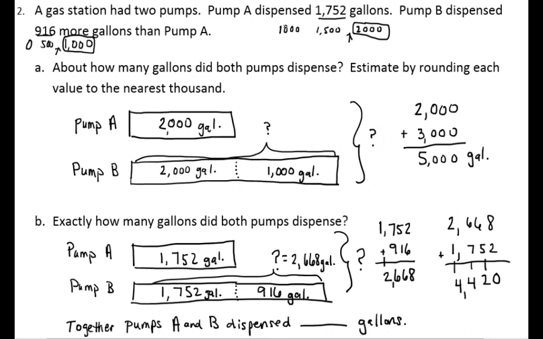That means that altogether, pumps A and B dispensed 4,420 gallons. And if you remember, our estimated amount was 5,000 gallons, so that's pretty close.